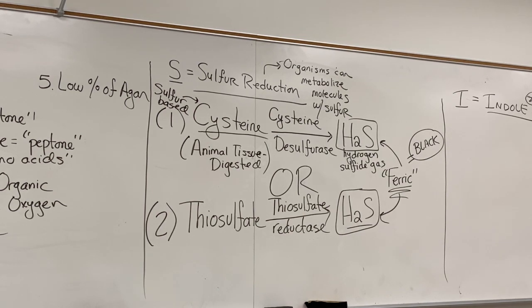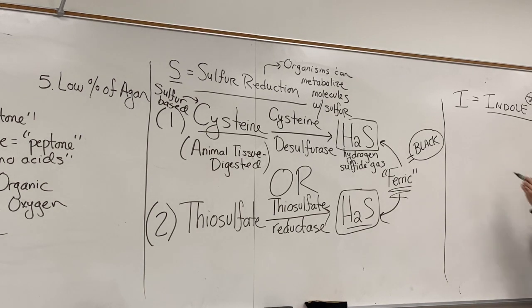So the I is up here, indole. And we already did these other labs last week, the methyl red, the Voges-Proskauer, and then we did the citrate. The indole part is actually pretty straightforward.